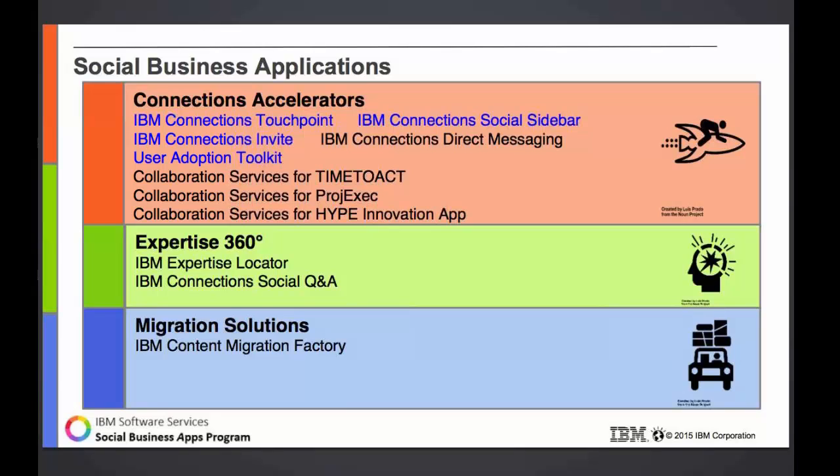Would Connections Content Manager, which is the document management capability within Connections, service those needs? I think we get into discussing retain and integrate, or whether it's also a migration pattern. It can go either way on that.